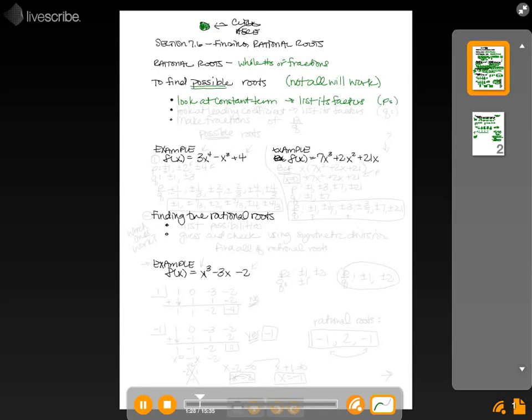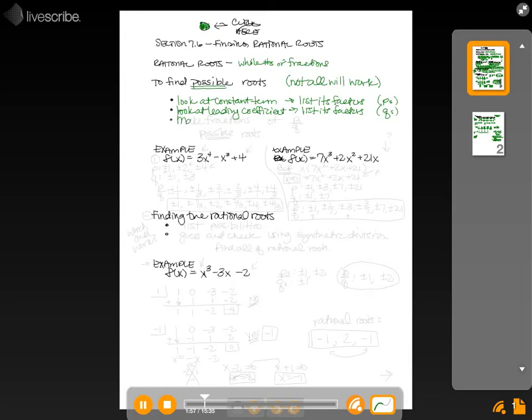After you've listed all of those out, then you're going to look at the leading coefficient and do the same thing: list its factors. Those are called your q's. So look at the constant term, list all of its factors, those are your p's. Look at the leading coefficient, list all of its factors, and those are your q's.